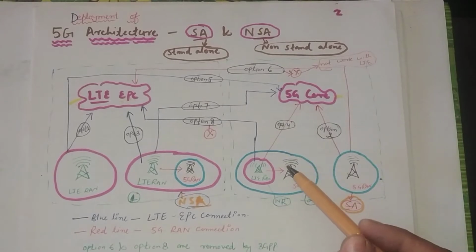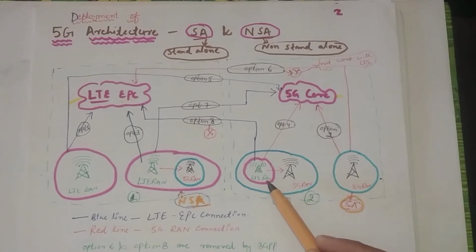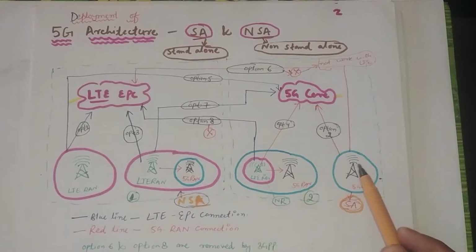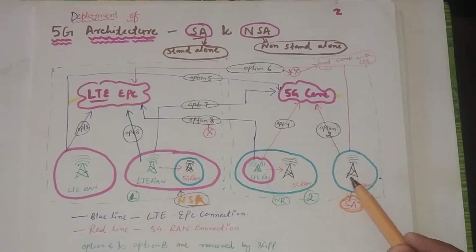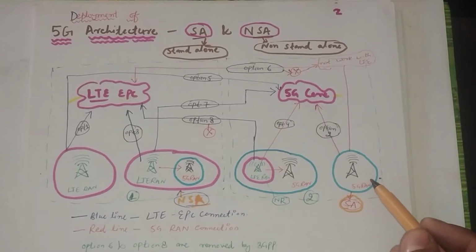In the 5G core network, under here we use the 5G base station, and under the coverage of the 5G base station we use the LTE radio access network 4G base station. And here only a single 5G new radio base station is used.